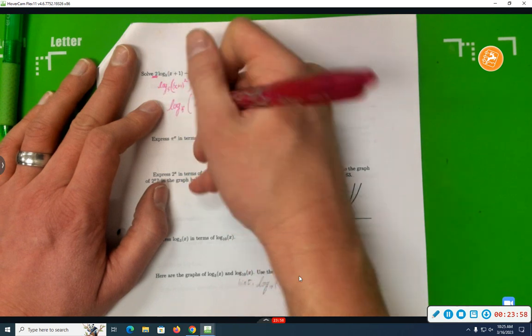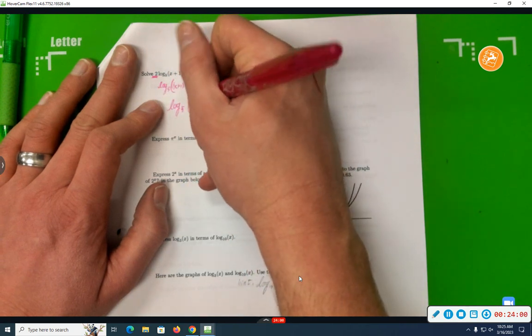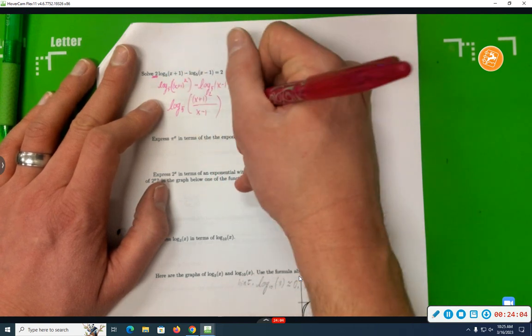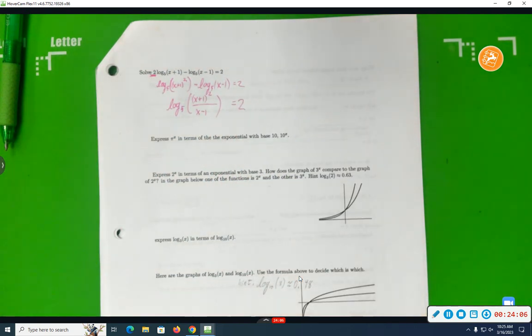Log base 5 of x plus 1, parentheses squared, over x minus 1 equals 2. And on the one hand, what I just did kind of makes the equation look more complicated, right? Now instead of a 2 multiplied by it's a square, there's still a log, and it's division now. But why is that a useful thing?